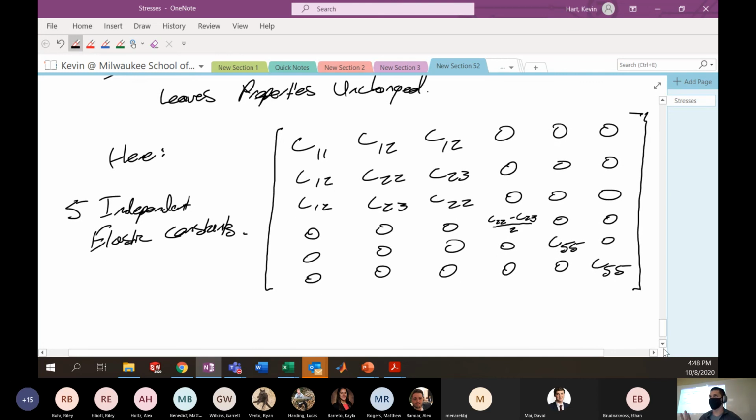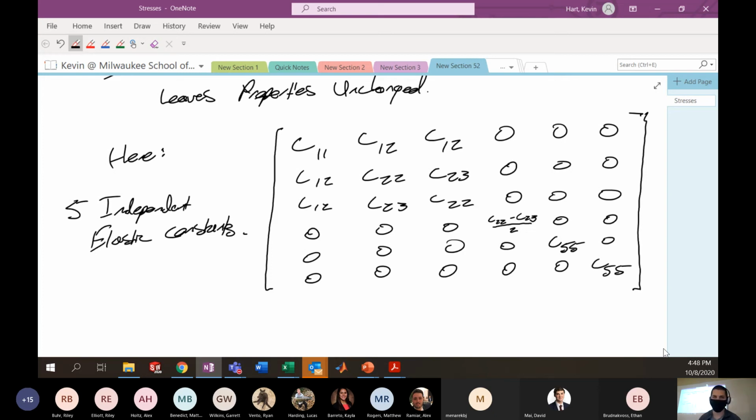These 5 you should be familiar with, and that's because we've done micromechanical models on unidirectional composites. We've had to calculate what is E1, what is E2, what is nu 1,2, what is G12. And even though we didn't do it, you could also calculate G23. So those are your 5 constants that you could use to fully define the stiffness matrix.